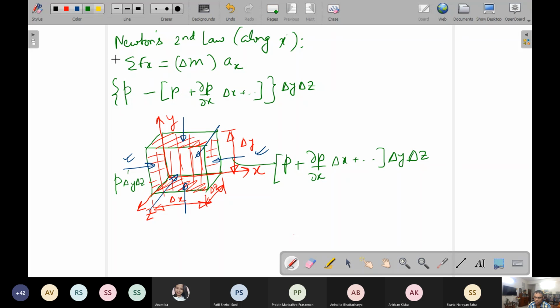So we often write the body force as a body force per unit volume.